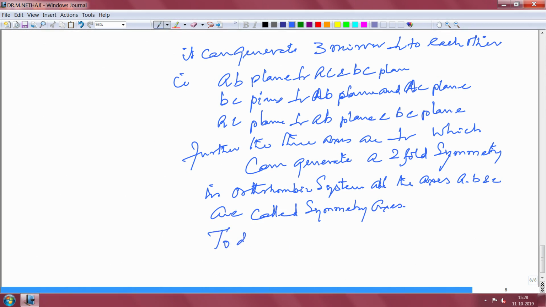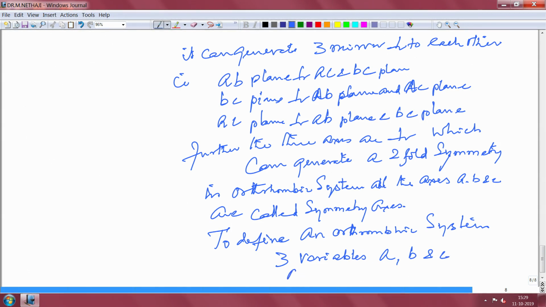So, to define an orthorhombic system, we need only 3 variables A, B and C. No need to mention alpha, beta, gamma as they are 90 degrees.